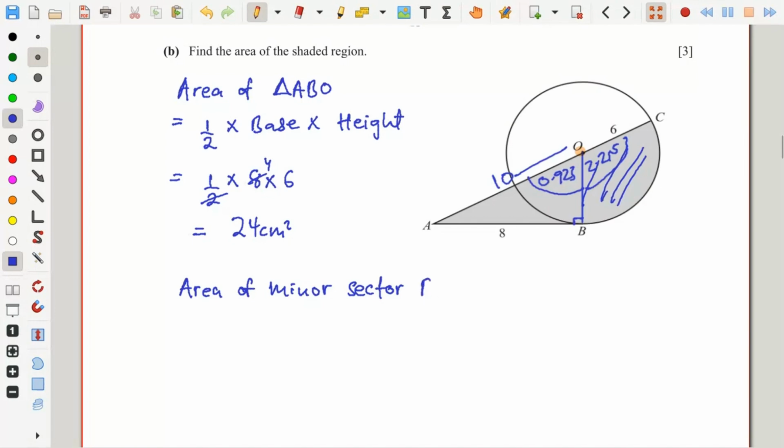Sector BOC. And it's a minor sector. Be very specific because you also have a major sector. So this is going to be half. What is your r? Your r is 6. Okay. What's the angle? 2.215. So now let's check.